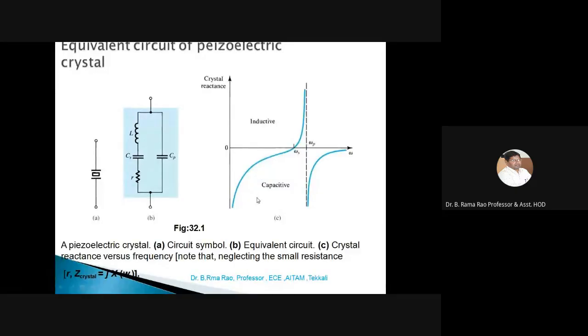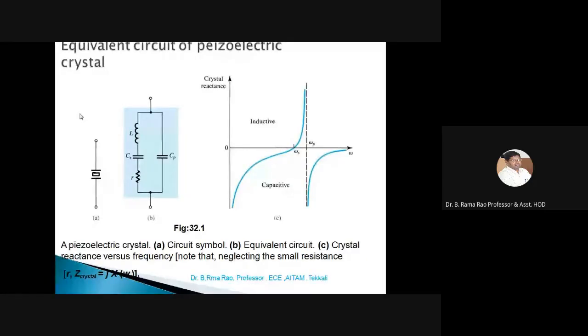jX is equal to 1 by omega Cp into omega square minus omega s square by omega square minus omega p square, where omega s is the series resonant frequency, omega p is the parallel resonant frequency, omega is the resonant frequency, and Cp and Cs are the parallel capacitance and series capacitance.